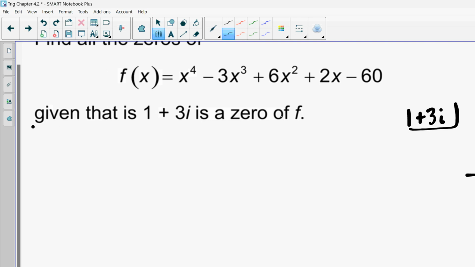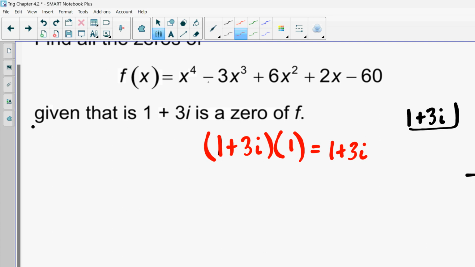Now for this, I would suggest giving yourself a little bit more room between each number, because when we do the multiplication, the first one's kind of nice, because we have 1 plus 3i being multiplied with 1, which is 1 plus 3i.